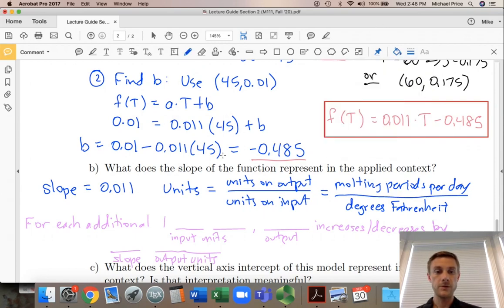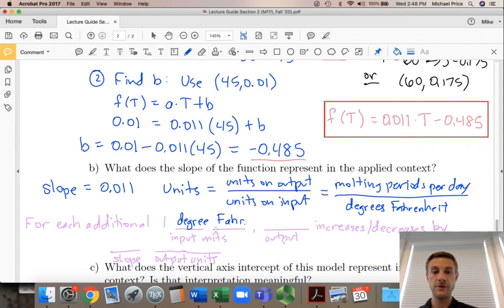So our input units, in this case, we've been keeping track of these. So for each additional degree Fahrenheit, I'll abbreviate just for the sake of space.